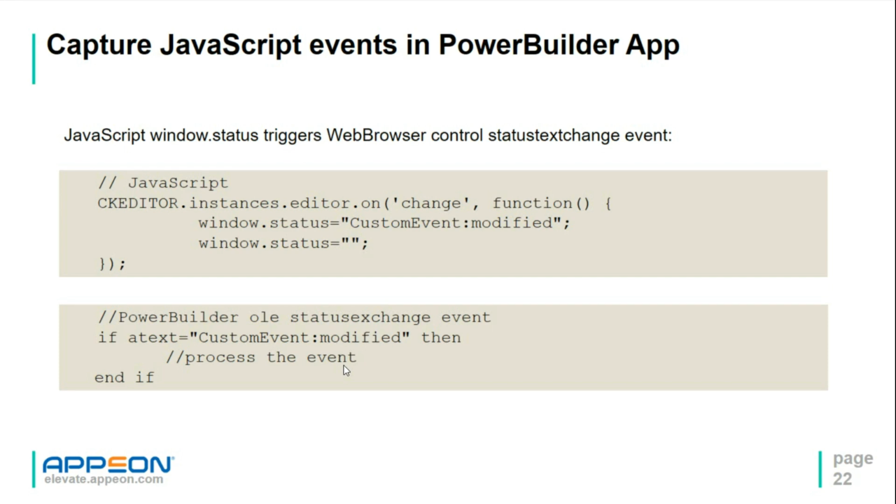Now no browsers are using that status, but the property is still there. What's most important is that setting that property triggers the web browser ActiveX event called StatusTextChange. So you see that I set window.status twice, once with a value, a second time without the value. This is done on purpose, because for some reason, if it's not reset, it may be called multiple times.